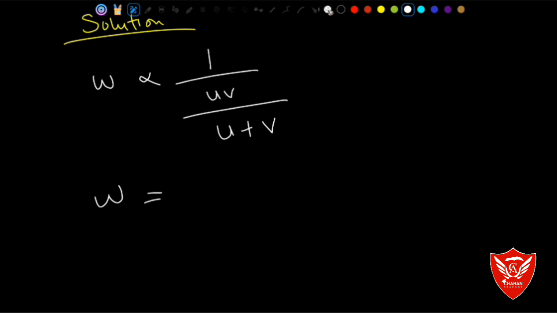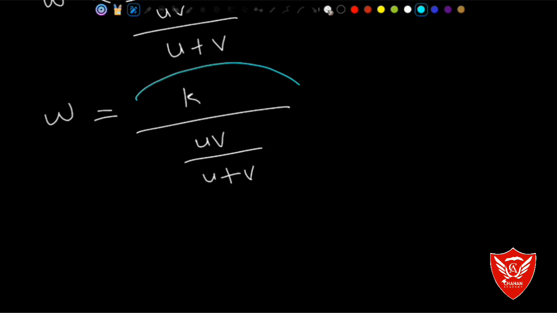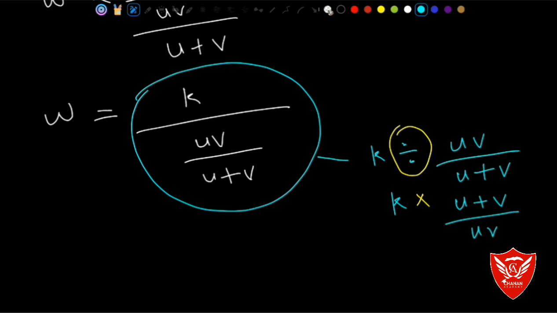W is equal to K over UV over U plus V. This entire expression is the same thing as K divided by UV over U plus V. Now if we change this division to multiplication, we have K, and then we invert this fraction, so it becomes U plus V over UV.